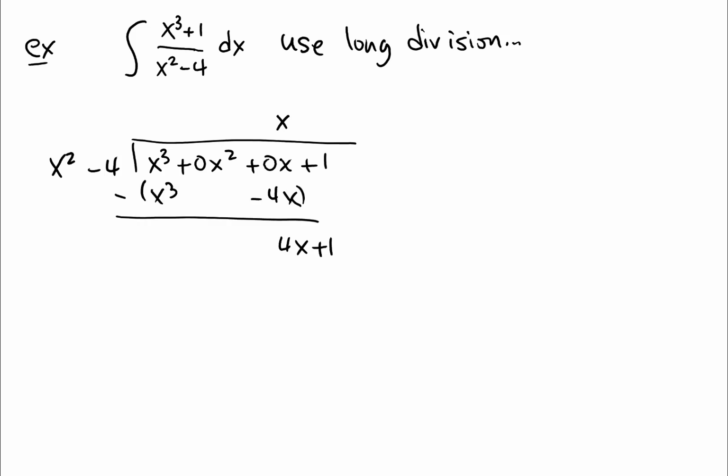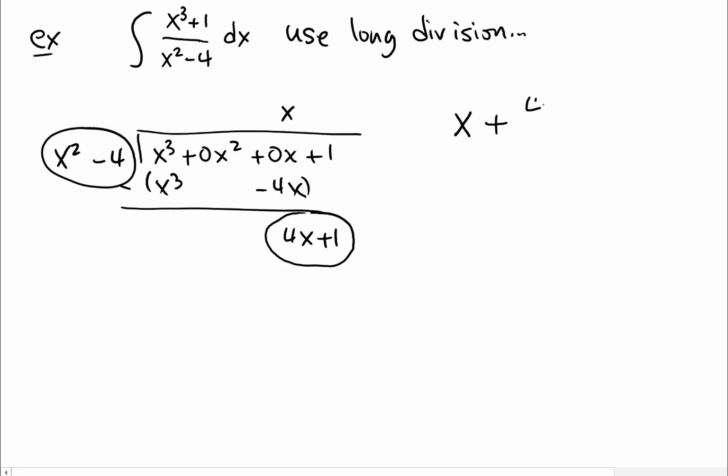And interpret this as a result of it goes in x times, and then the remainder is based on what's left over here over the number that we're dividing in by. So I get a remainder of 4x plus 1 over x squared minus 4. And so I can rewrite this integral in parts.